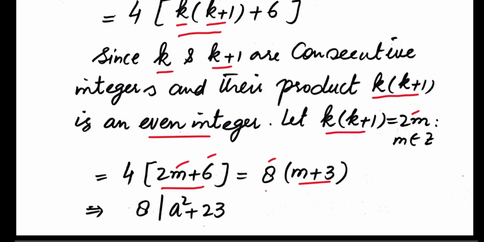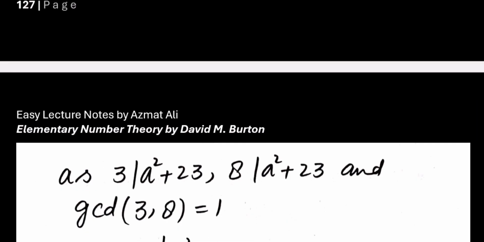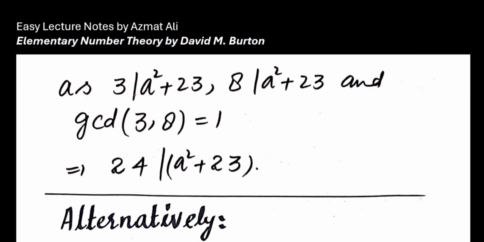Clearly this number is divisible by 8. This shows that 8 divides a square plus 23. As 3 divides a square plus 23 and 8 also divides it, with GCD of 3 and 8 being 1, their product 3 times 8, which is 24, divides a square plus 23.